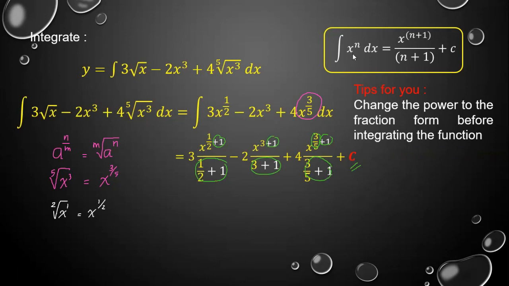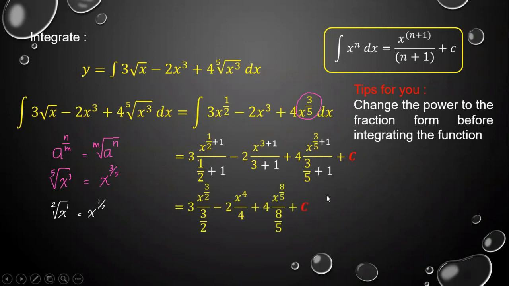It's very easy, right? So we can simplify: 3x to the power 3 over 2 over 3 over 2, minus 2x to the power 4 over 4, plus 4x to the power 8 over 5 over 8 over 5 plus c. That's very simple, right?